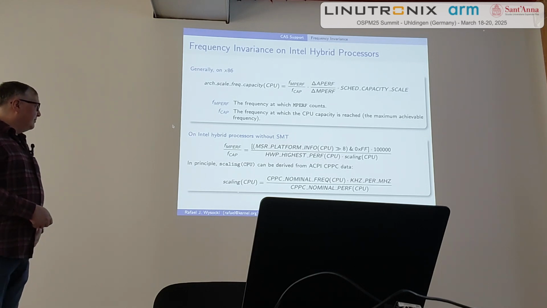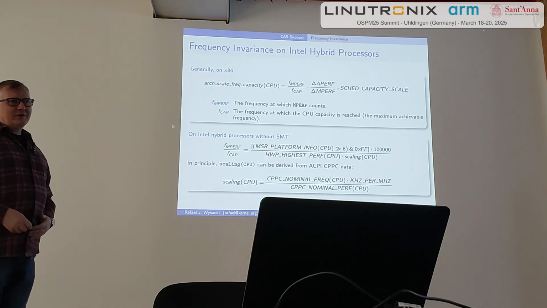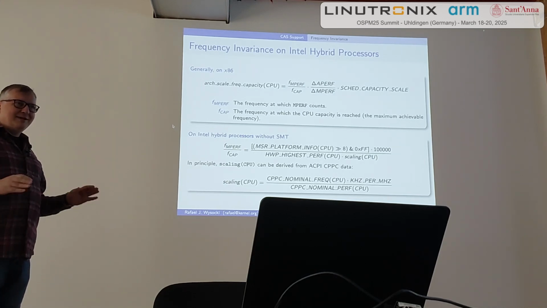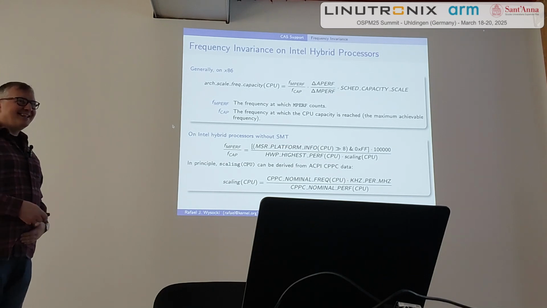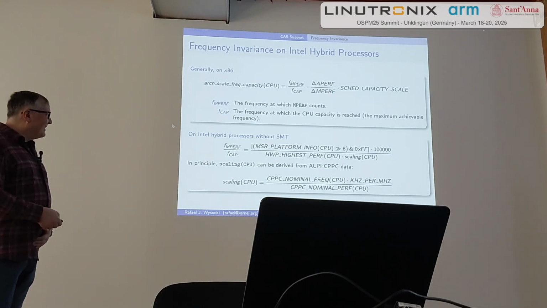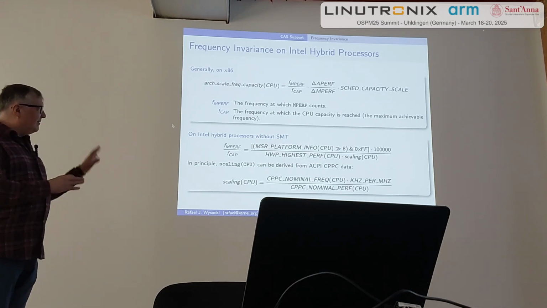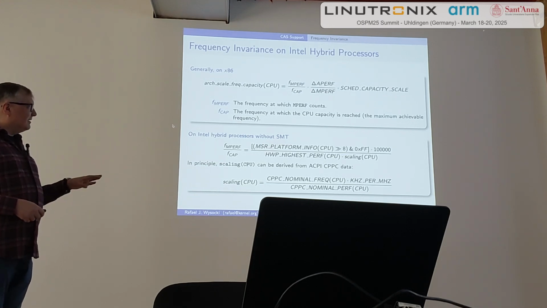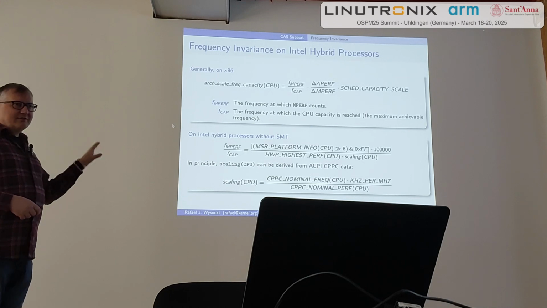But for some platforms, we still have those numbers hard coded in the driver. Not those, but just the scaling of the CPU as a single number. But in principle, you can use CPPC to get that, and then this is the formula. And then when you compute it, you can put it here. And this is all simplified, by the way, because the way the computation goes, it has to avoid rounding errors and things like that.